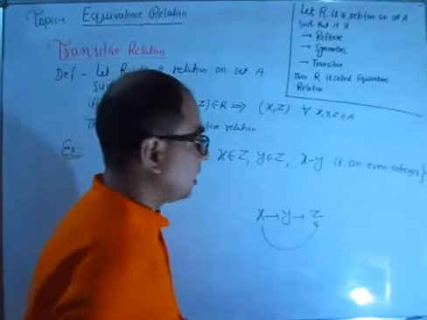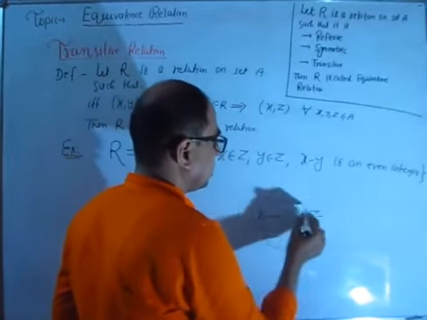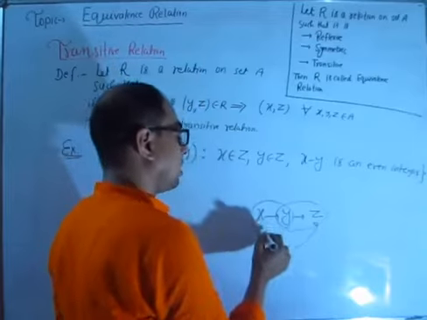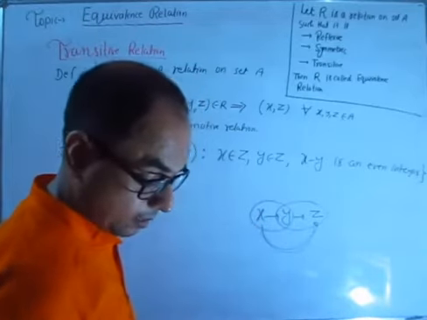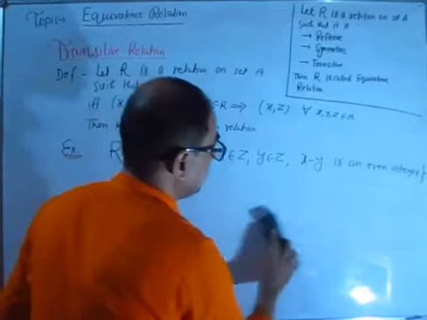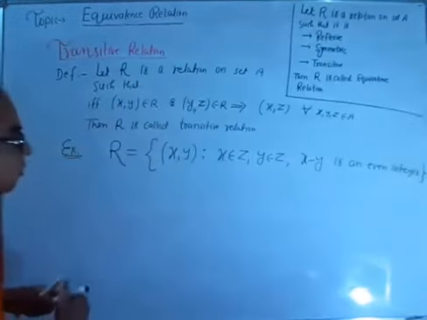Clear? And then you have to assume that this one is related, this one is related, and then you have to prove that X and Z are also related. So see how I am going to prove.